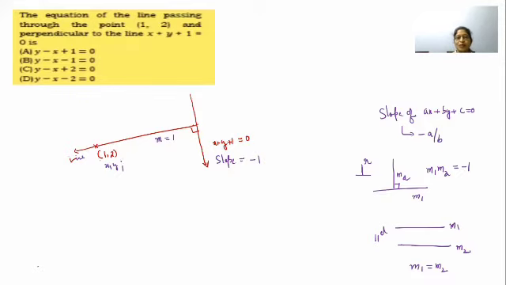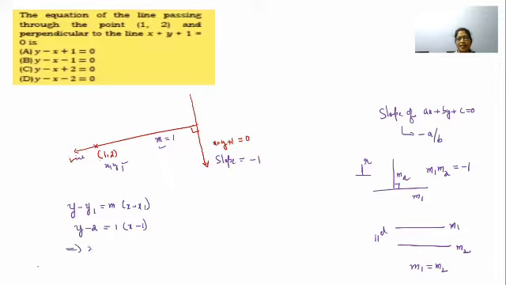All right. So you have the point and you have the slope. So which form will give us the required equation of the line? You go for the point-slope form. y minus y1 is equal to m into x minus x1. All right. So y minus 2 is equal to 1 into x minus 1.